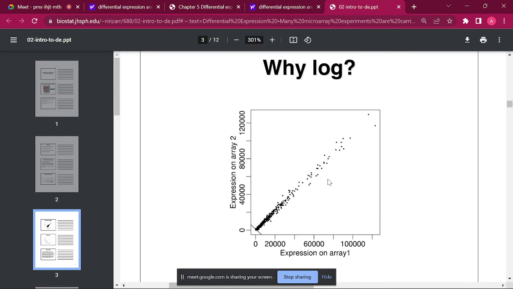Now the first question that we are asking here: why do we take the log of the fold change, log 2?